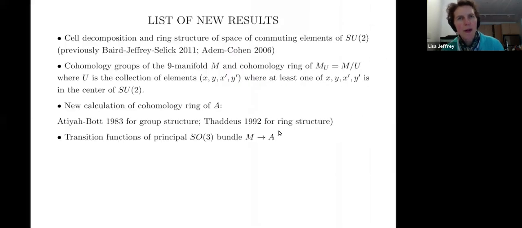So the results that we obtain that are actually new, that are not in Atiyah and Bott or Thaddeus or other people, we do have a way of describing a cell decomposition and the ring structure of the space of commuting elements in SU2.